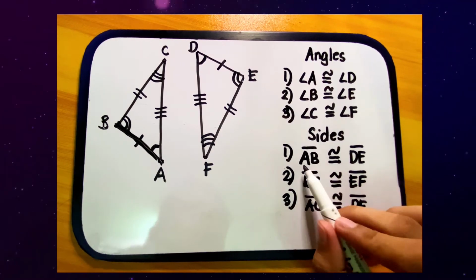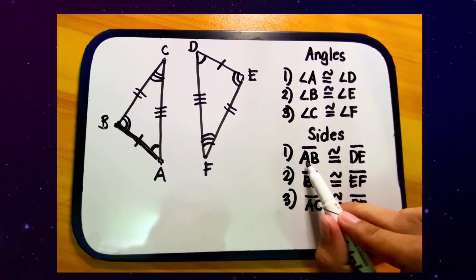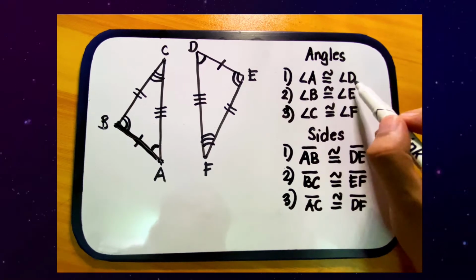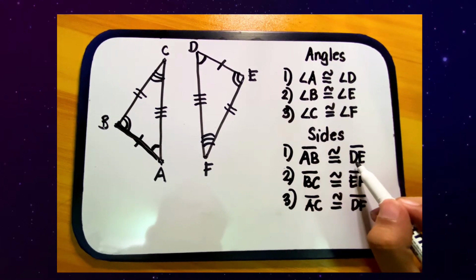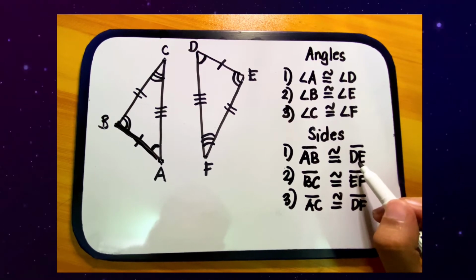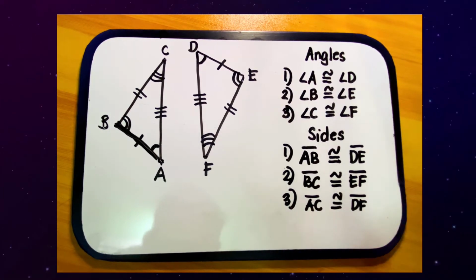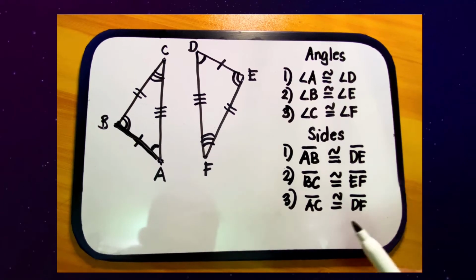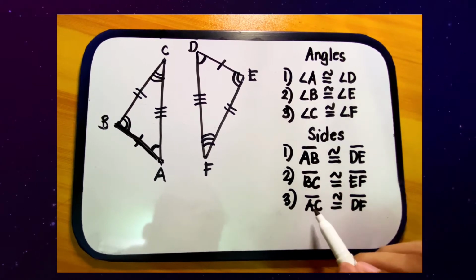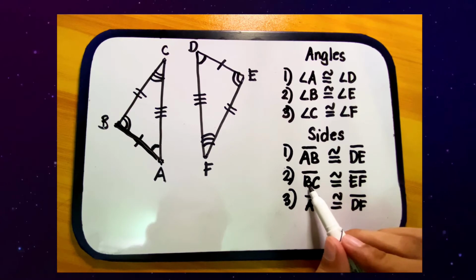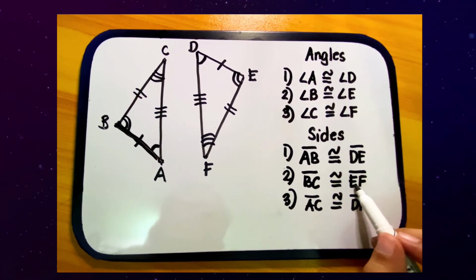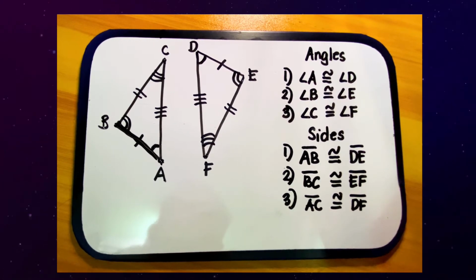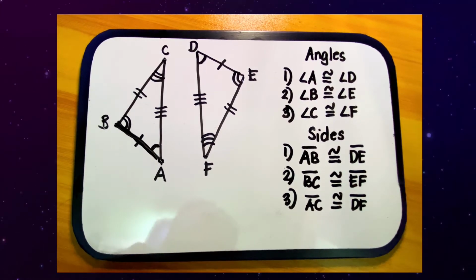For example, if you write A first, remember that A is congruent to D, so D is first here. That's the correct pattern. If you write C as your first, it should be F here. That's one thing you need to remember.